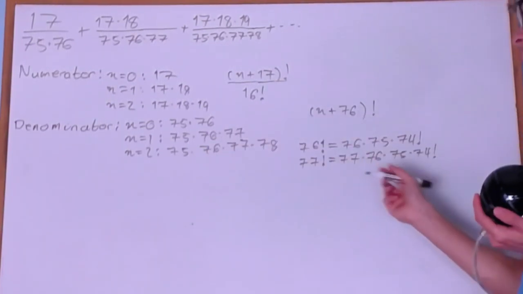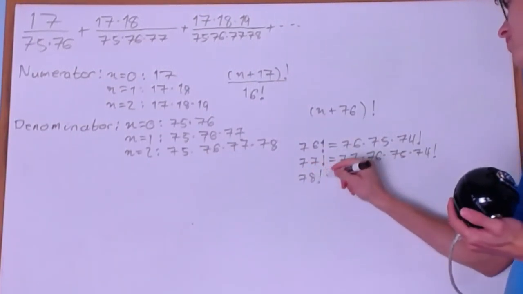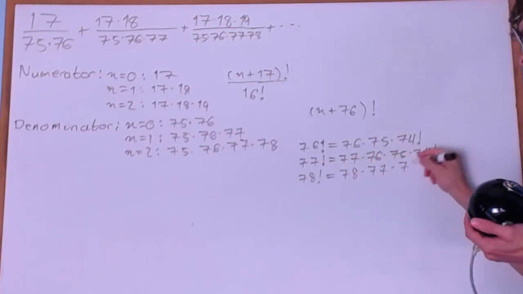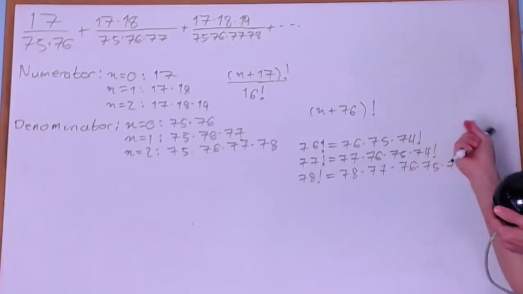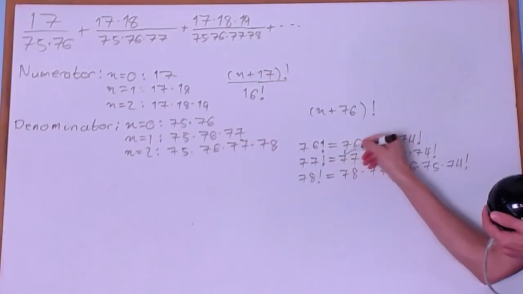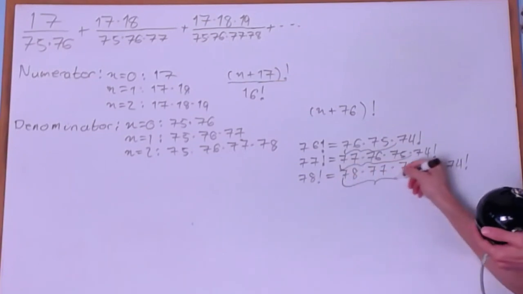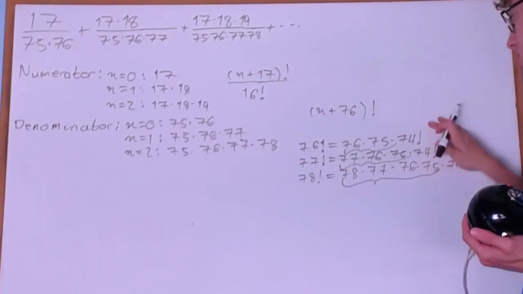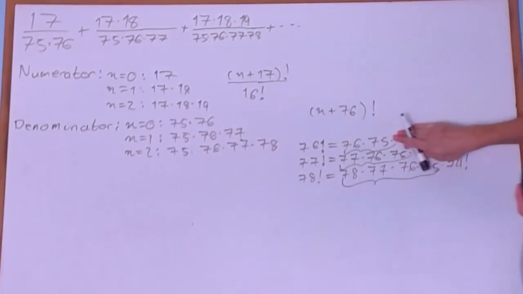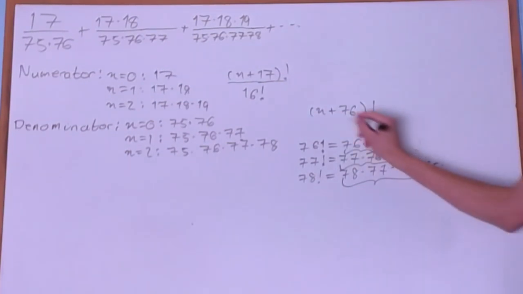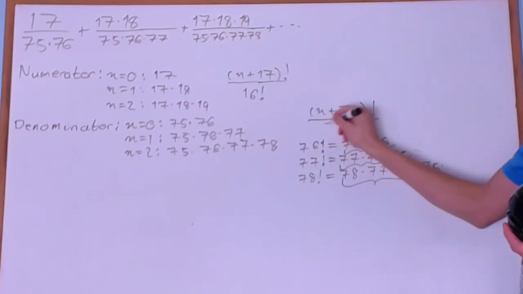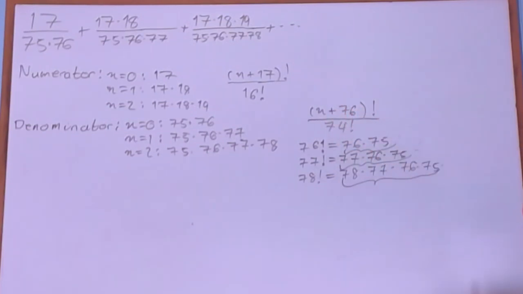And then for n equals 2, you get the idea, 78 factorial is the same as 78 times 77 times 76 times 75 times 74 factorial. Well, look at that. Right here is everything we need. What we should do is just erase that 74 factorial by simply dividing by it. So just divide it by 74 factorial. Because it's multiplication, you cancel out with division.